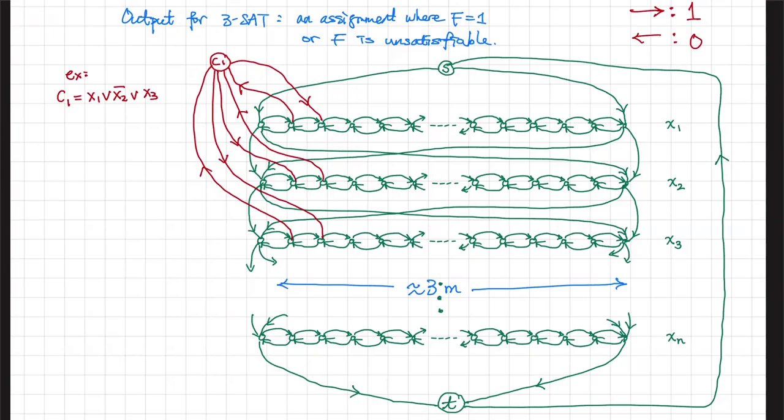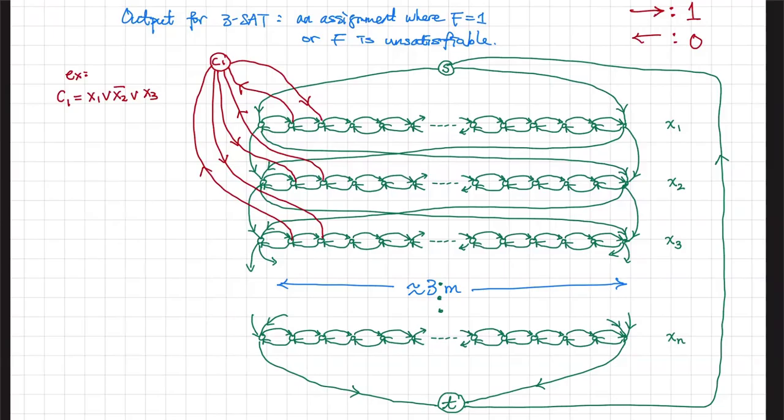So if you go from right to left for x1, then for x2 you should go from right to left again. Now from right to left here, you can go from this node to C1 and come back, because here it's in the reverse. You see how I set it up? For all the positive variables, I have the connection from the left node going to the clause, and then to the node right next to it on the right.